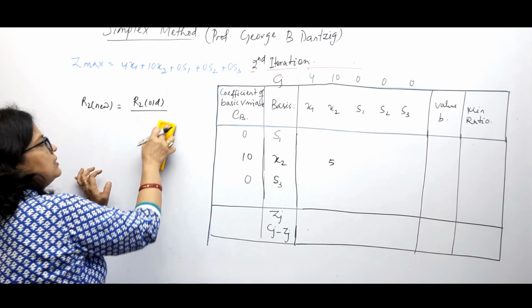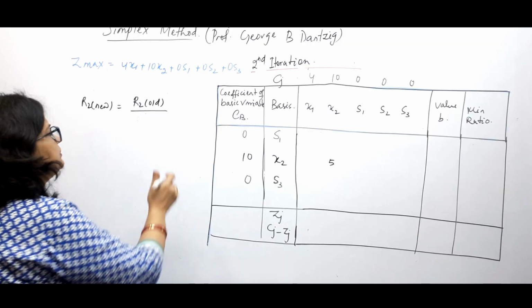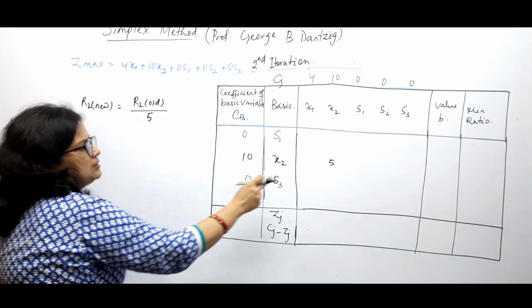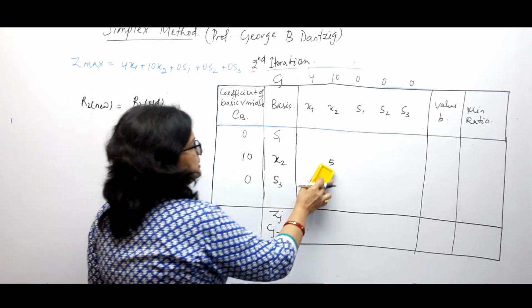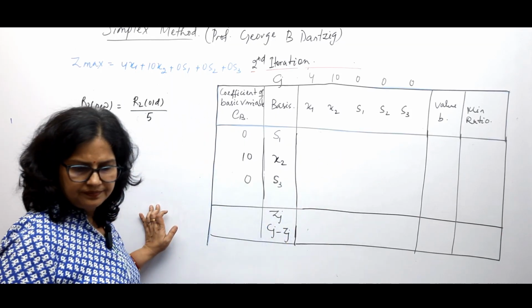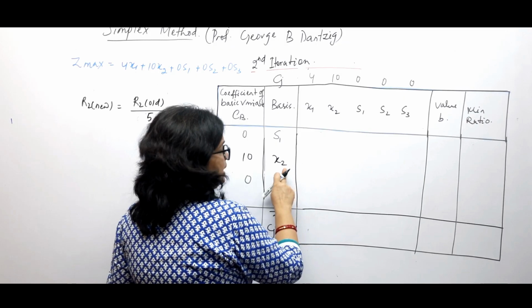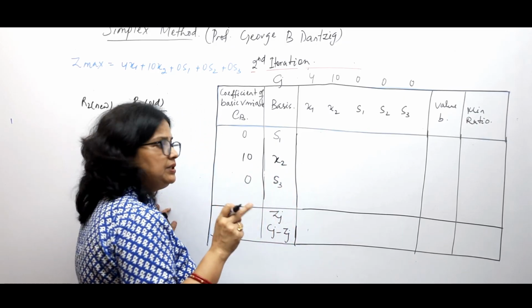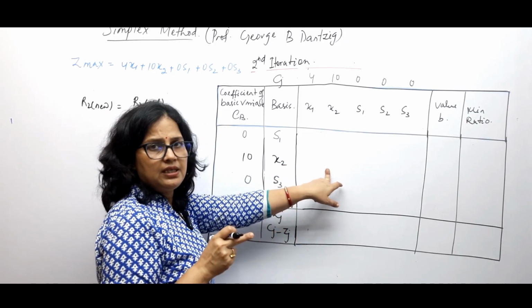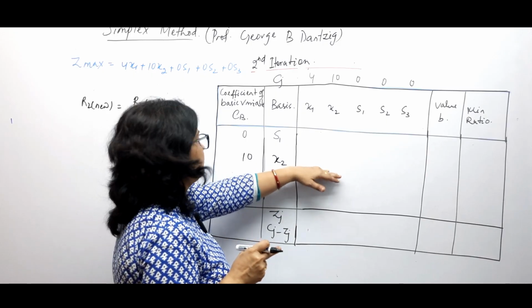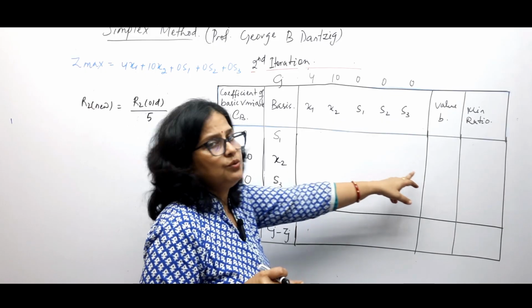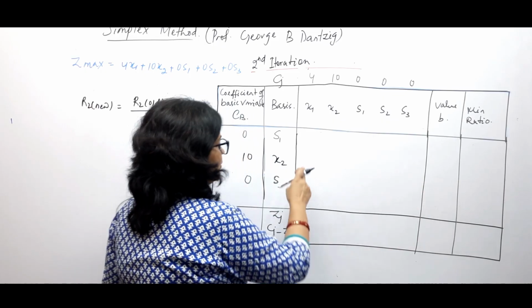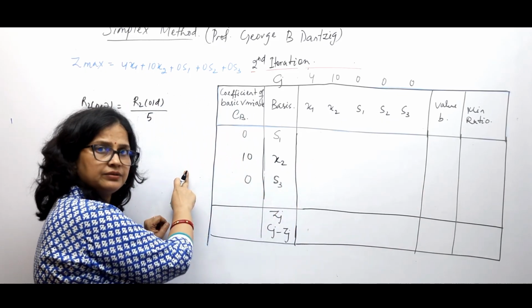So we can write R2 old divided by 5 to make this key element 1. So let us make the key element 1. Whatever we do to make the key element 1, that operation will be applied for the whole row. So the whole row we need to divide by 5.